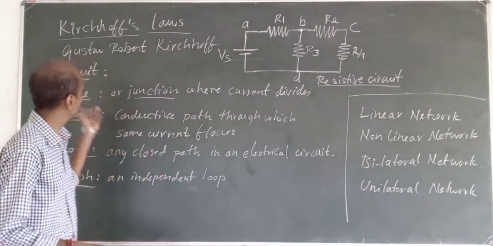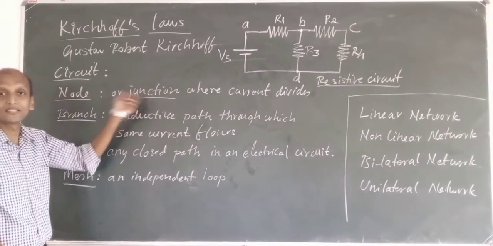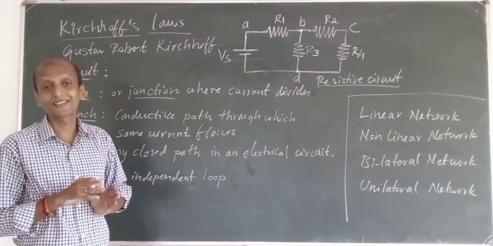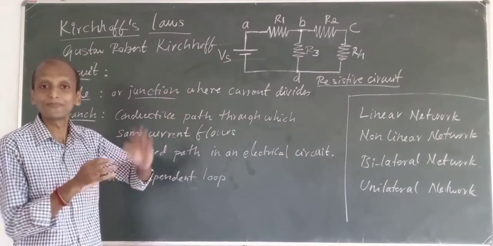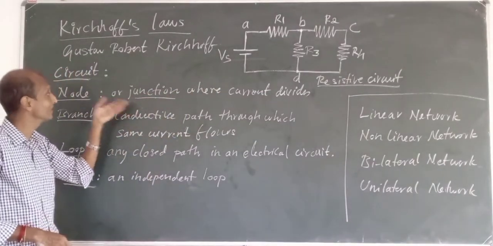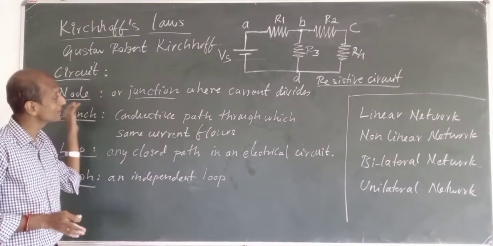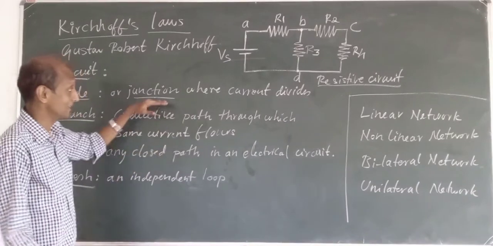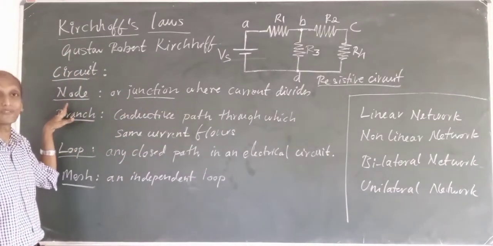Such a point is called a node or junction. It is the point in an electrical or electronic circuit where the current divides. So that is what we call a junction or a node.